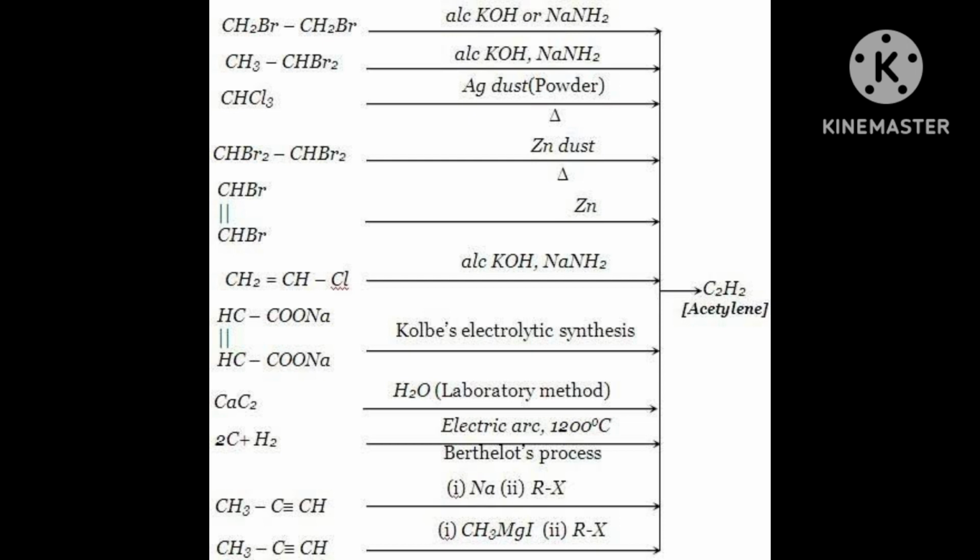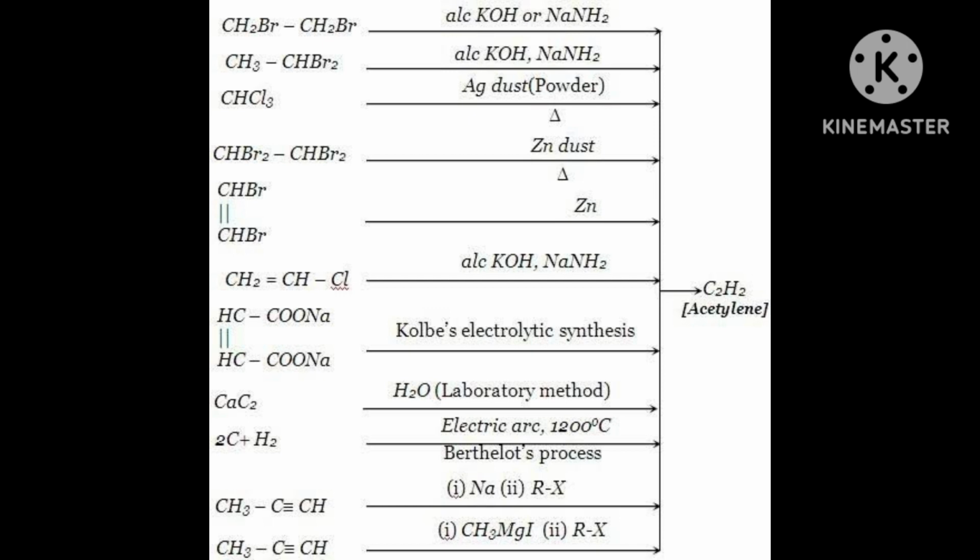Hence hydrogen atoms of ethine attached to triply bonded carbon atoms are acidic in nature. The hydrogen attached to the carbon of acetylene or ethine has actually lost the electron.